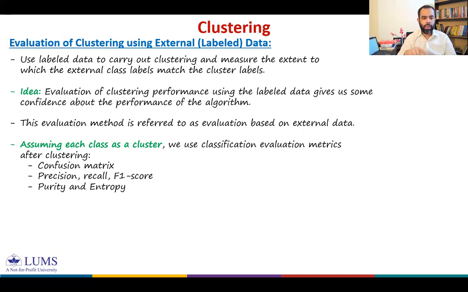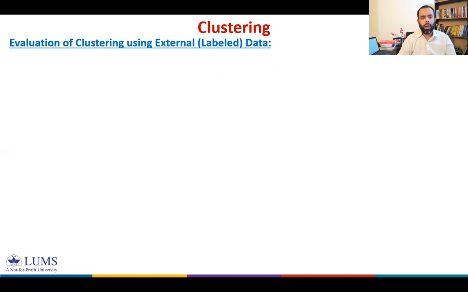We can also use these two measures, purity and entropy, for this evaluation using external data. So we did not define these two measures because these were used for evaluation of clustering. Let me define these two measures, purity and entropy.